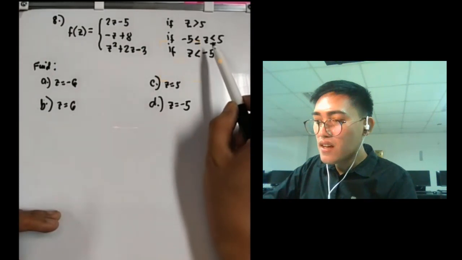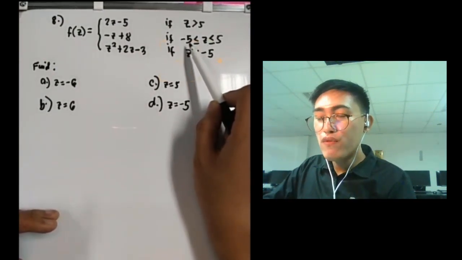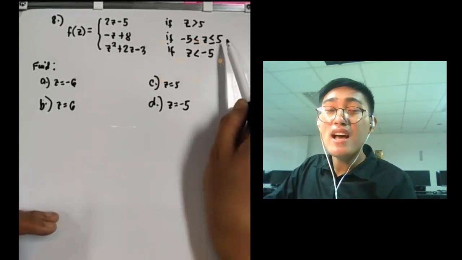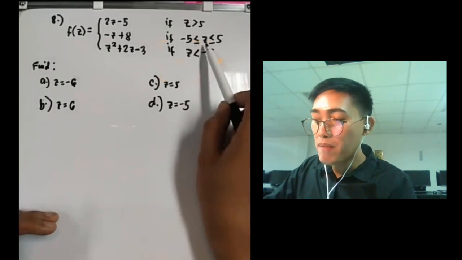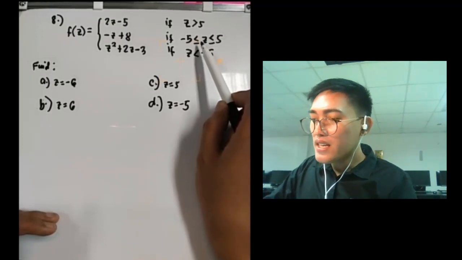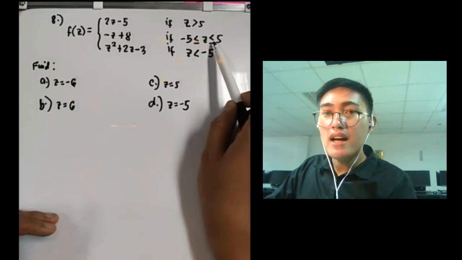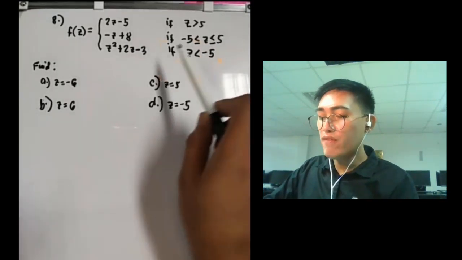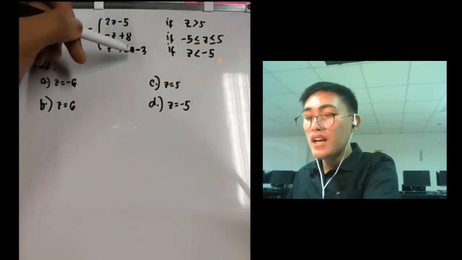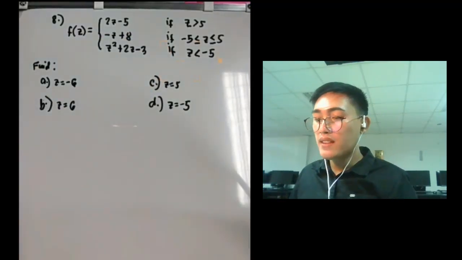This is read as z is greater than or equal to negative 5 but less than or equal to 5. That is how we read that. Pabaliktad. Para dito, pabaliktad. Pero dito, yung totoo. Okay? Z is greater than or equal to negative 5 but less than or equal to 5. And for the third subfunction, z squared plus 2z less 3 if z is less than negative 5.